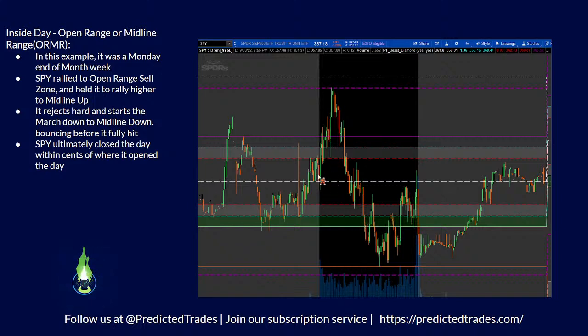This was a little bit more of a directional day than a chop day, but we have seen plenty of very choppy days where we are stuck in a range, and we usually find that we are staying between our open range buy zone and our open range sell zone. And the further out extent of that is just the midline play, right?